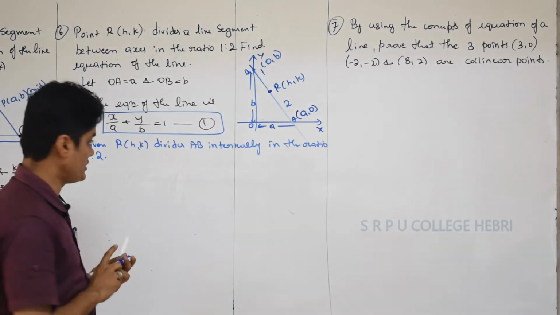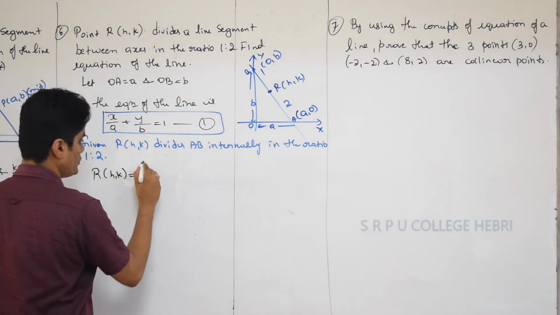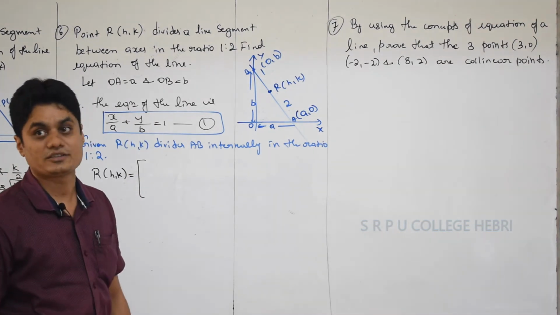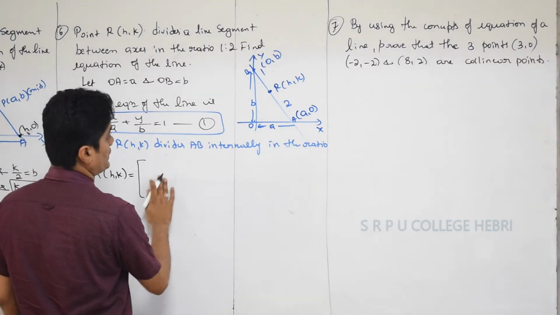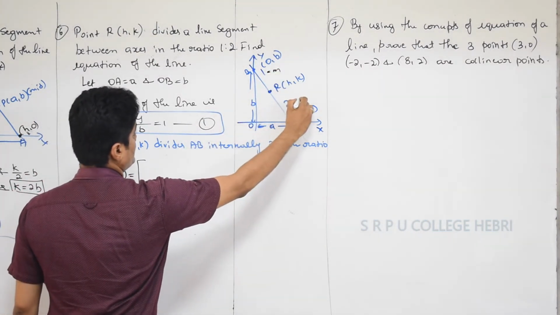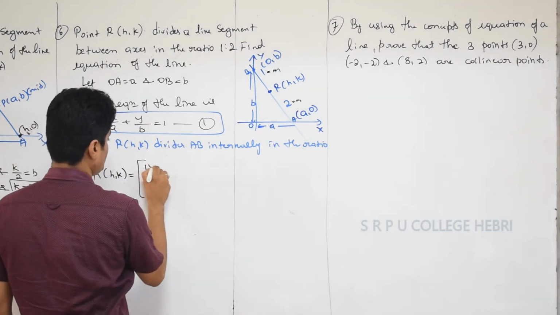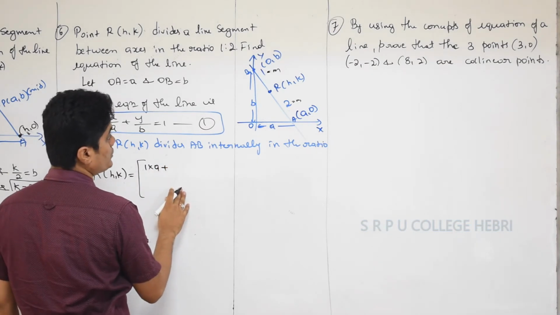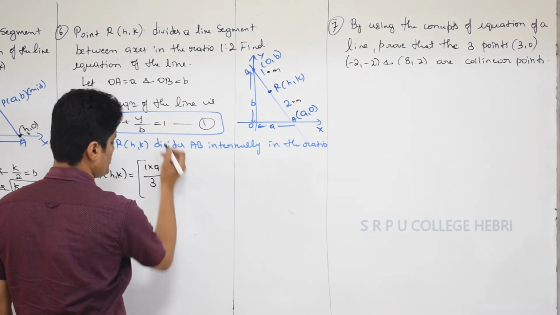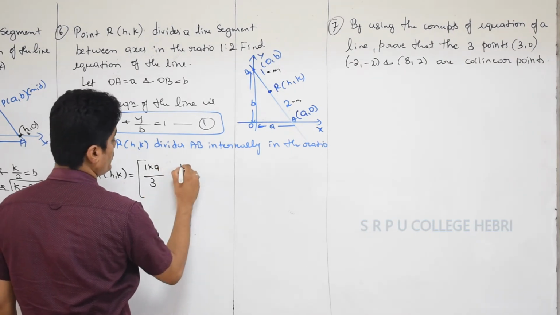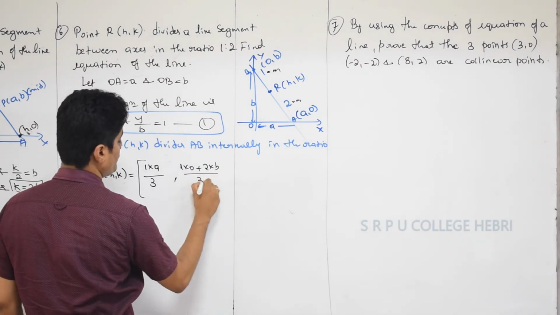So using the section formula, R of h comma k is equal to mx2 plus nx1 by m plus n, my2 plus ny1 by m plus n. Here this is m, this is n, this is x1 y1, this is x2 y2. So 1 into a plus 2 into 0, divided by 1 plus 2, comma 1 into 0 plus 2 into b divided by again 1 plus 2.